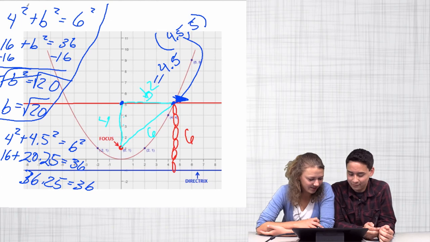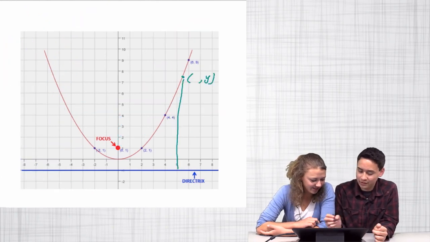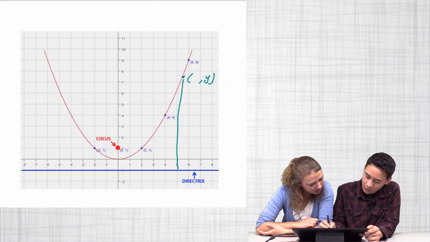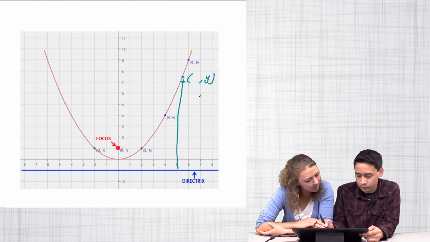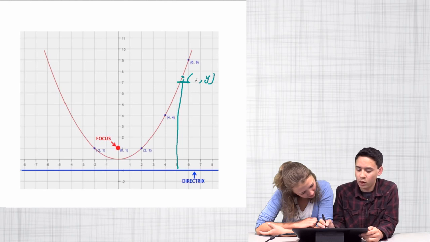Yes. Okay. So wherever the point is on our graph, say if it's at 7, then it's always going to be 8 away from the directrix and the focus. So it's your point, or your y plus 1. Why don't you write that down?